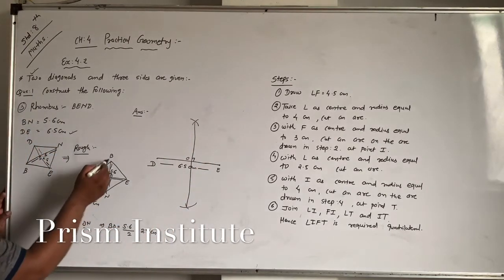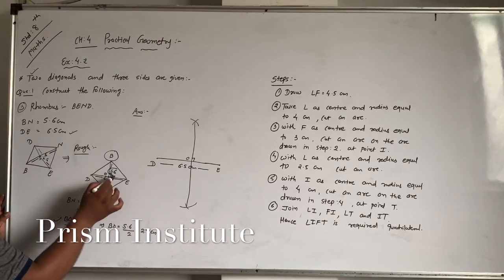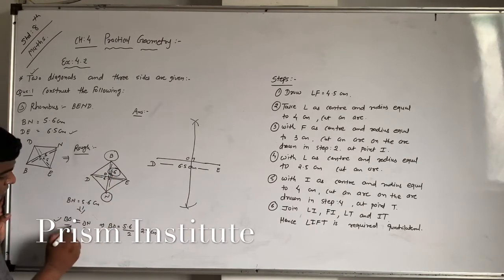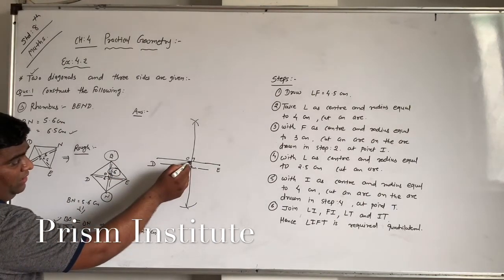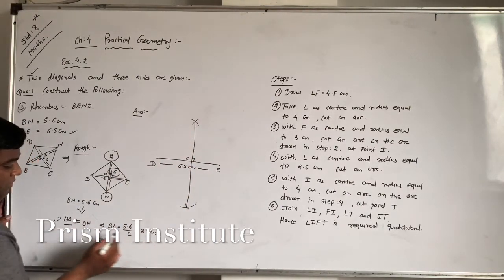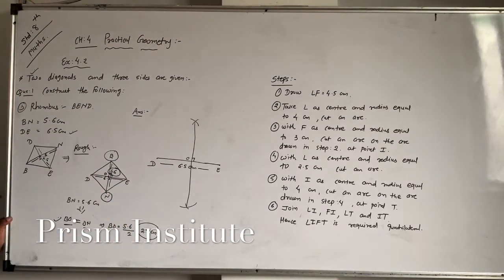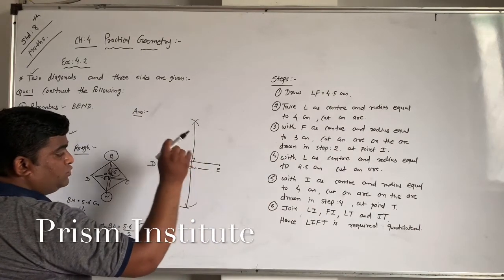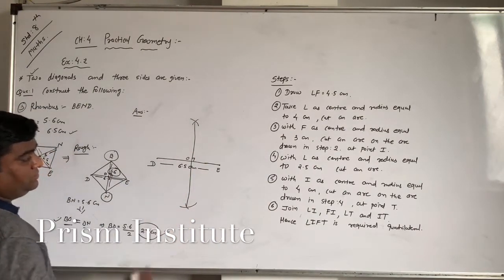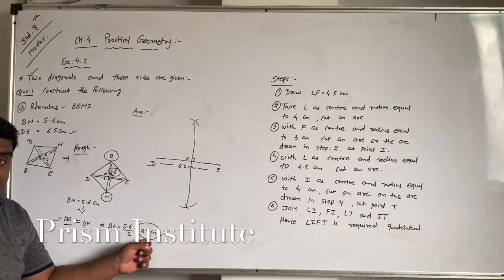Now just see that BN is total length 5.6, but here we can say BO, that means point O is here and point B is somewhere here. So BO is 2.8 centimeter. So now take O as a center and radius 2.8 centimeter. Just note down, the radius is 2.8 centimeter.